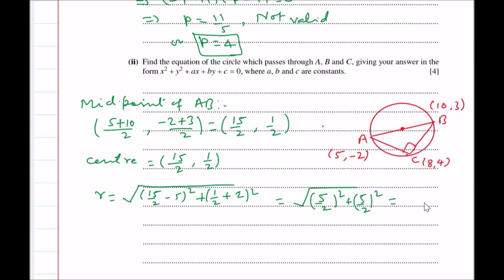That will be root 50 by 4. This is your radius.